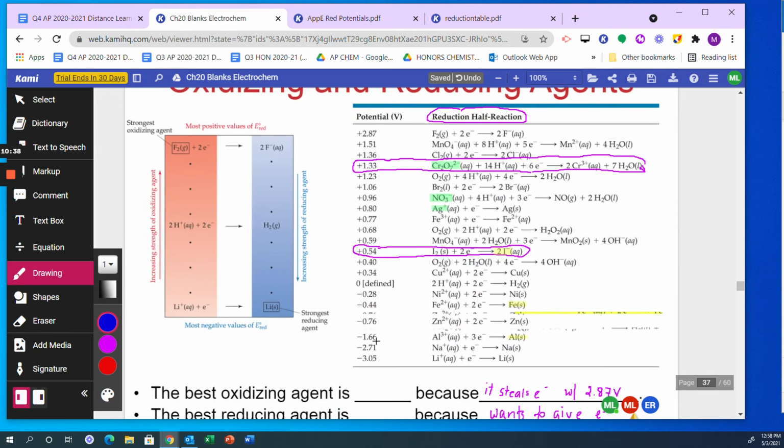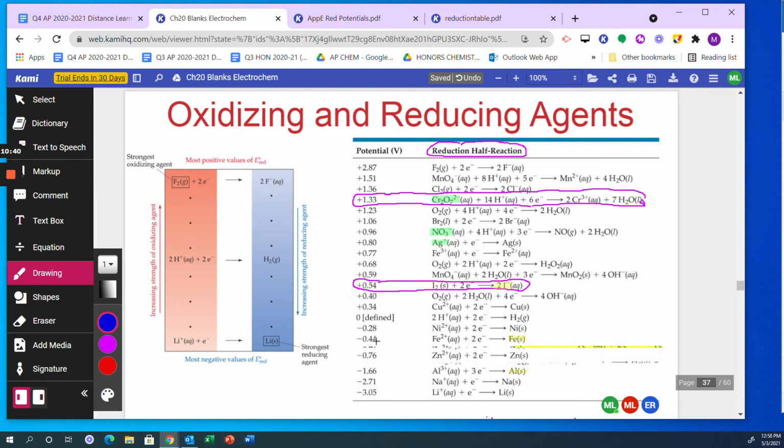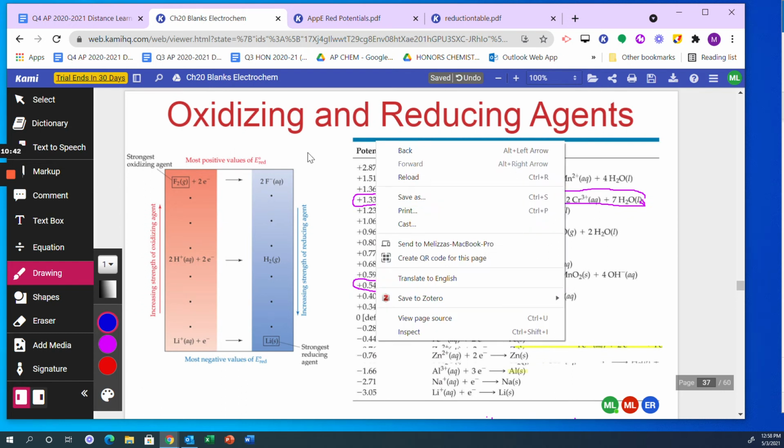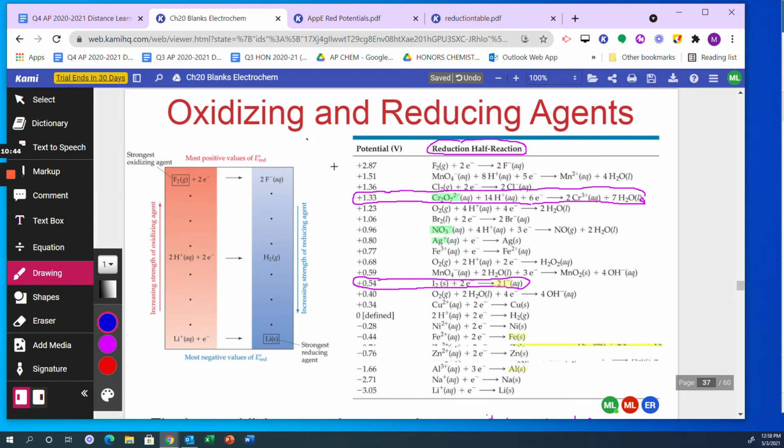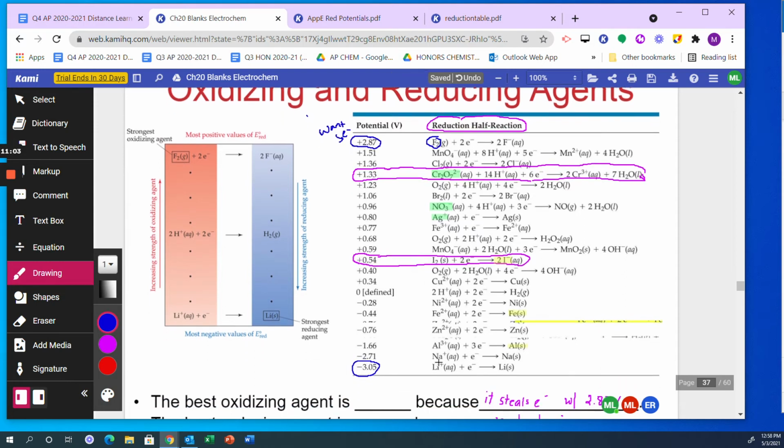Okay, so this is the table. The reduction table, I think, is 20.1. As you can see, this is positive, which means F2 really wants electrons. And if you go down here, this is negative. So Li+ really hates electrons.